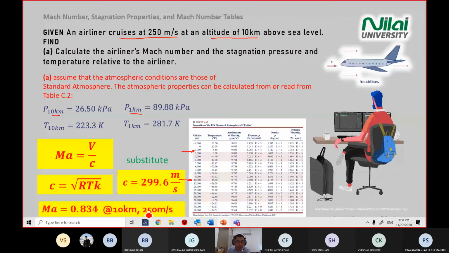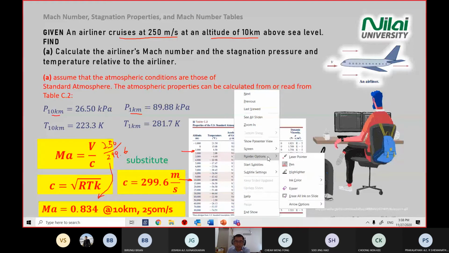This speed is given as 250, so you substitute 250 divided by your c, 299.6, and you get 0.8 Mach number.